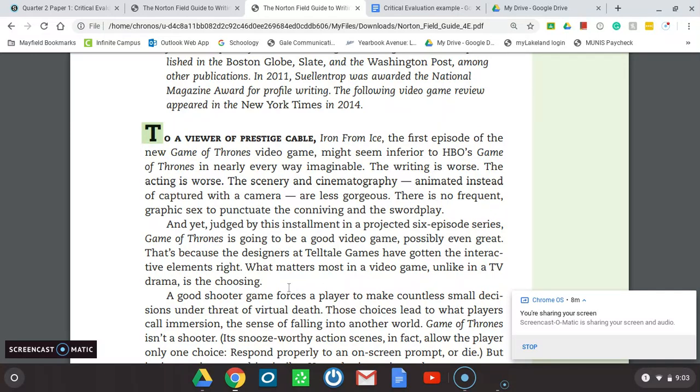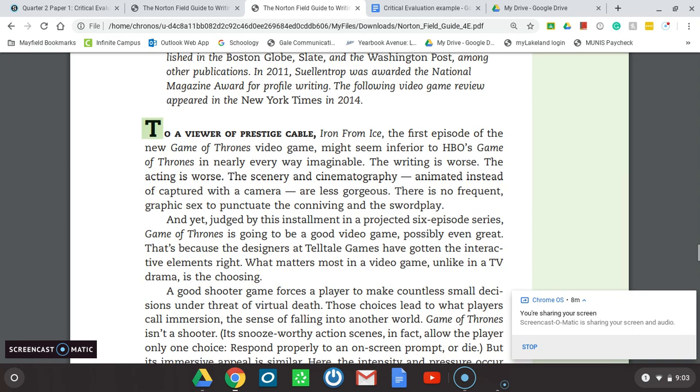Actually, it's saying that what the video game has to offer is different from the TV show, and that's a good thing, because the TV show offers better scenery, cinematography, writing, graphics, effects, things like that. What the TV show doesn't have that the video game has is conversations that are so enriching and matter so very much. And that here is the thesis statement. So it's a little bit unique in how it begins by saying what the video game doesn't have, but that's what makes it good.